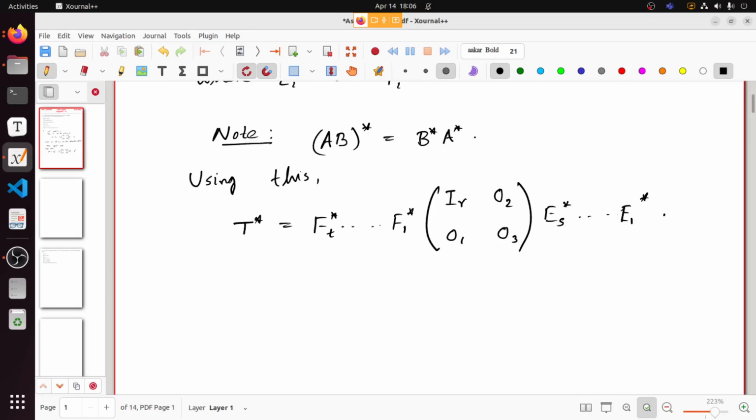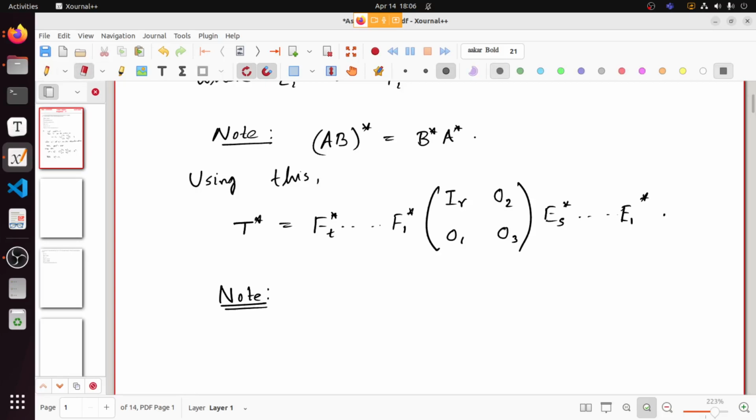Now what will be the conjugate transpose of the elementary matrices? Or no, sorry, they will not remain the same.